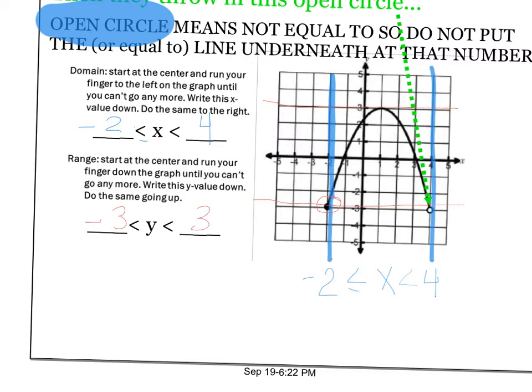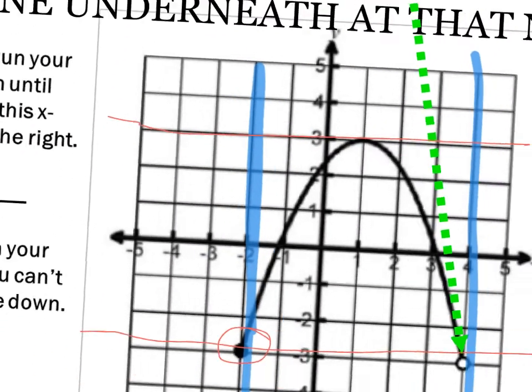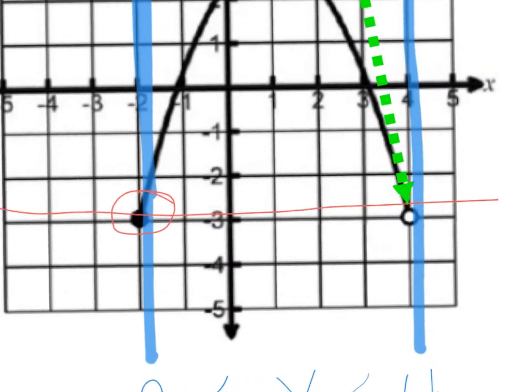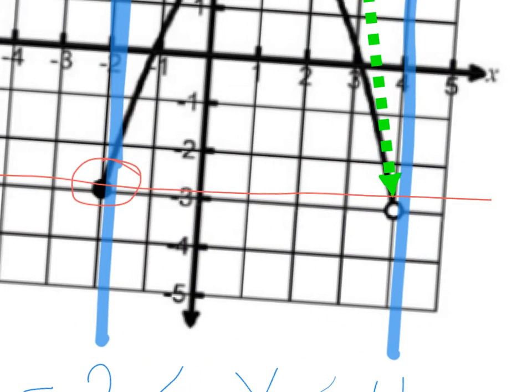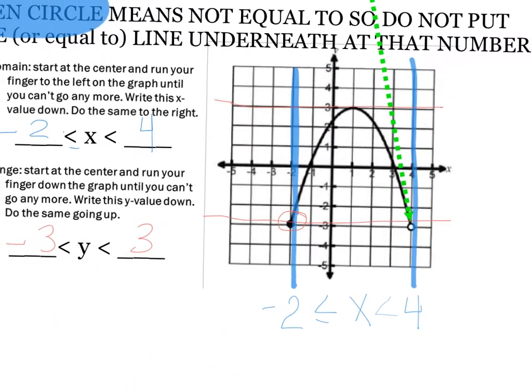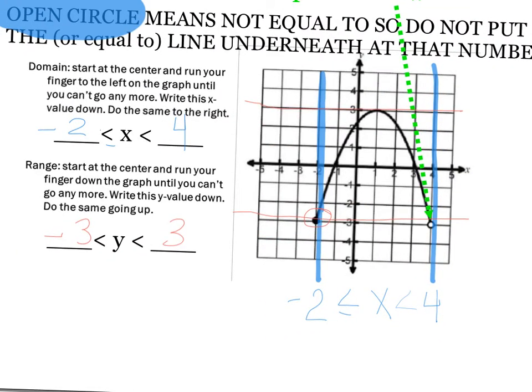Since there is no open circle and it's hitting on that top, you're still going to put that line. The only time you don't put that line is when it looks like this on your right side. So if it has a solid line like on this graph right here, or it's filled in, you're going to put that line. So -3 has that line and 3 has that line. So my domain is from -2 less than or equal to x less than 4, and my range is from -3 less than or equal to y less than or equal to 3.